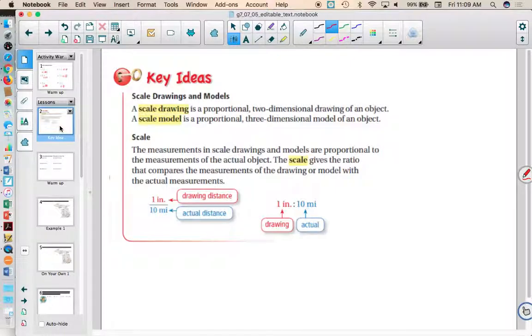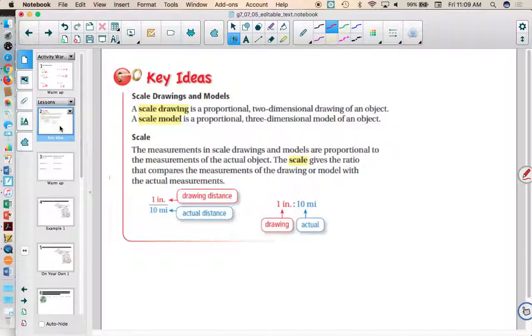Talking about scale drawings. And this is going to be extremely important to you with the project coming up. A scale drawing is a proportional, two-dimensional drawing of an object. One of the first things you're going to have to do is determine what your project is going to be, and then get the original measurements.